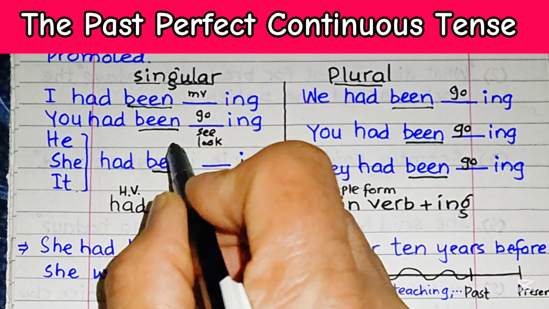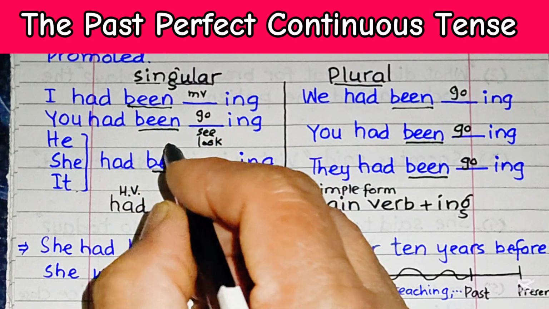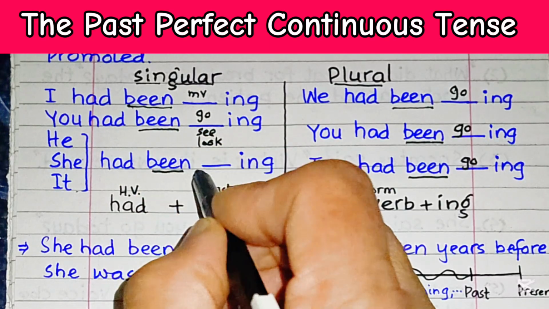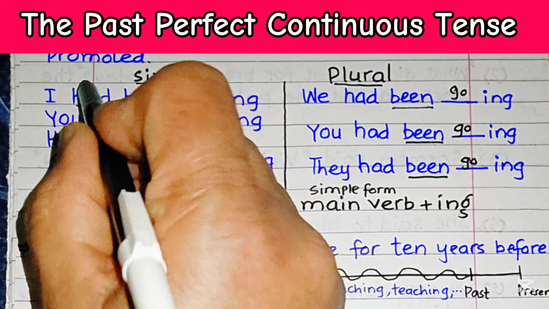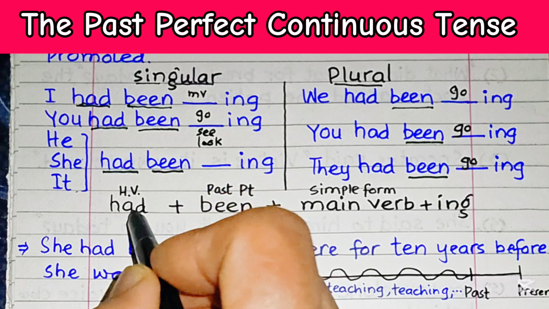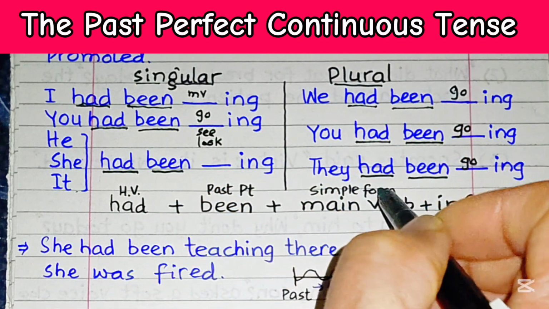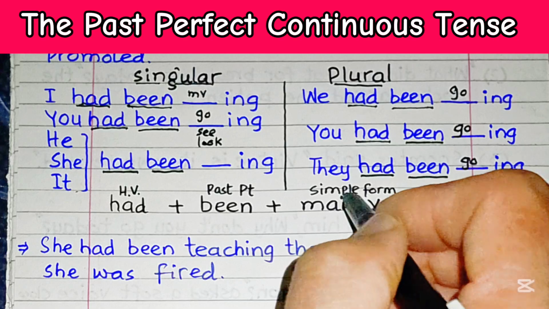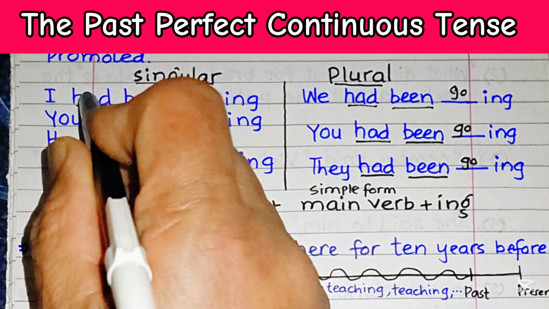So in this case, in past perfect continuous, it is been. This is helping verb had, in all these examples, helping verb had, and in plural form it remains the same. So in all the cases, whatever the pronoun is, the helping verb remains had.